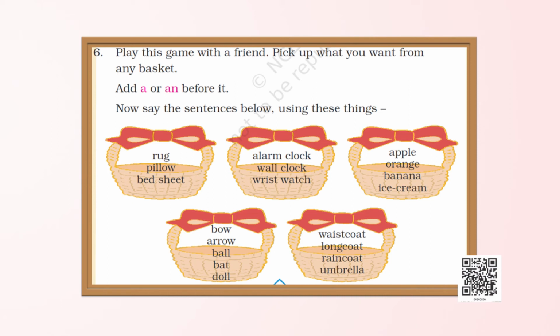So, I will help you to do one word, rug, a rug, a pillow, a bed sheet. Like this you have to go on doing the activity wherever you have words you have to do.